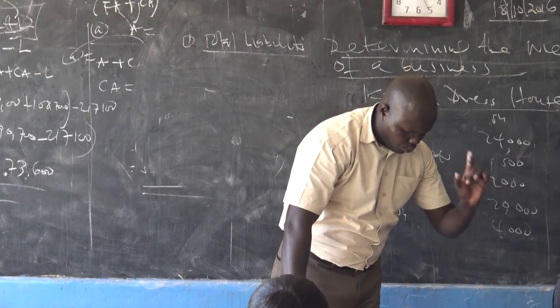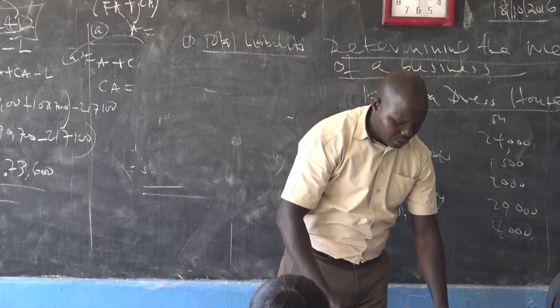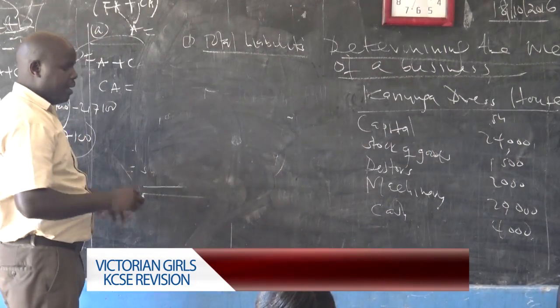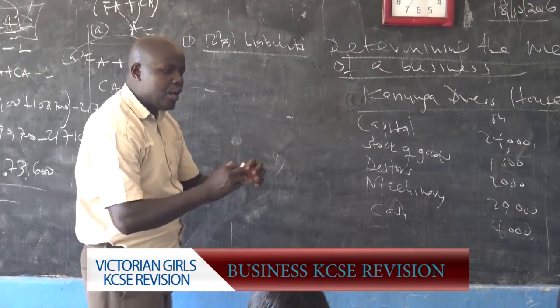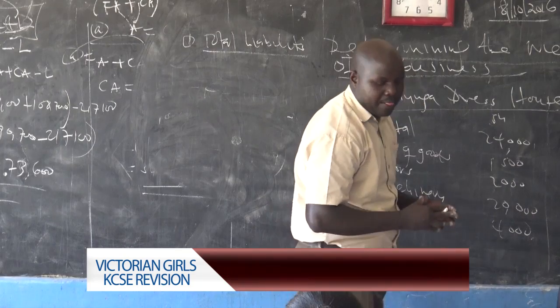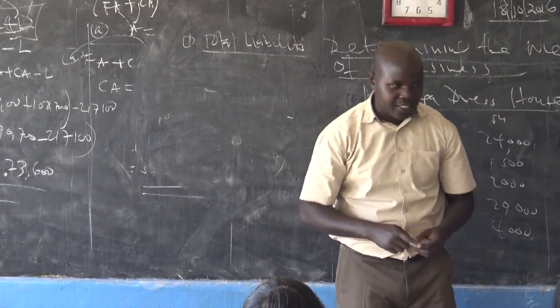So let's start with the liabilities of the business. Now, here they are testing your knowledge. Do you know liabilities? Can you single out liabilities from other items?